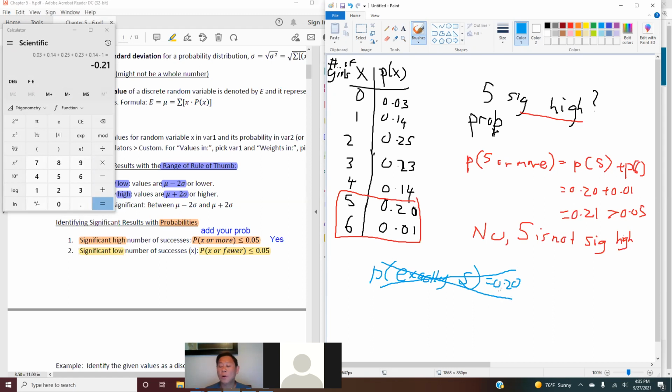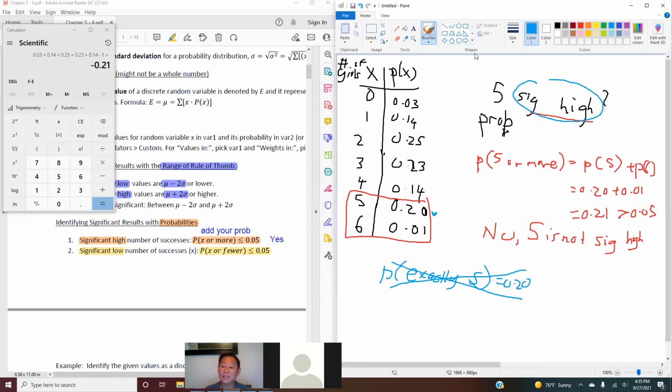When I ask you for significantly high, you don't just use exactly. You have to add the probability of that number and higher. So you have to add 5 and 6 in this case. And that probability has to be less than 5% for your answer to be yes. Since this case is more than 5%, it's no.